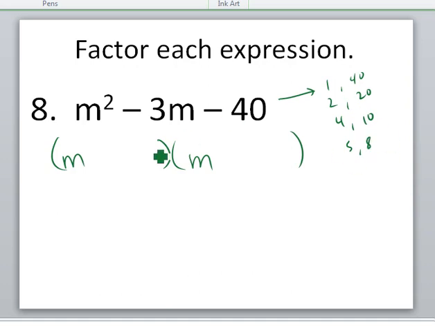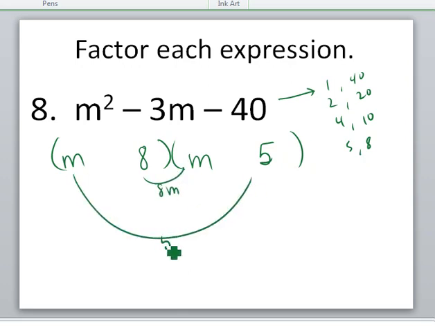Typically, I'll start with the last ones, and those two are going to give me the 3. I can see it's going to give me the 3 because when I multiply, I get 8 and 5. I need a negative 8 and a positive 5 to get a negative 3. Negative 8 times positive 5 gives me a negative 40.